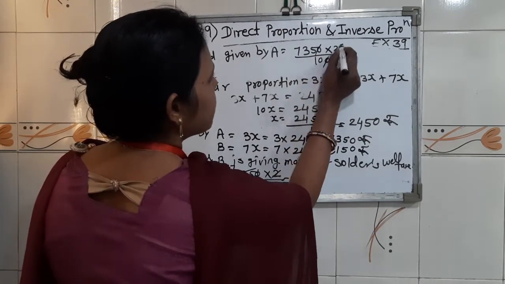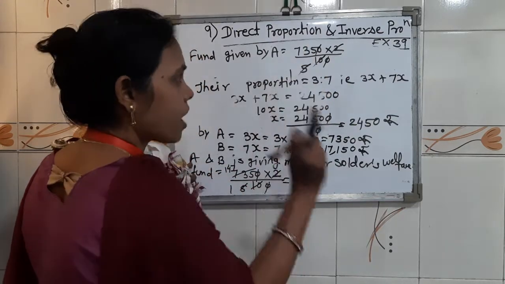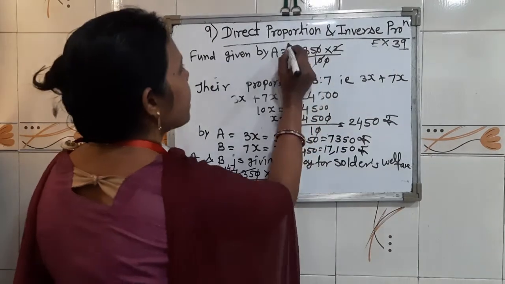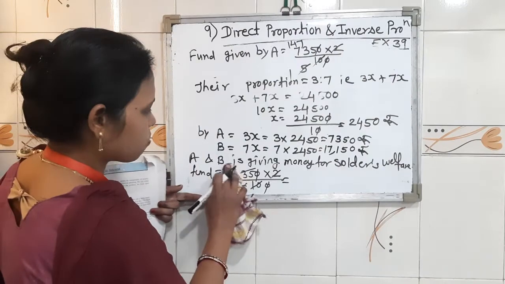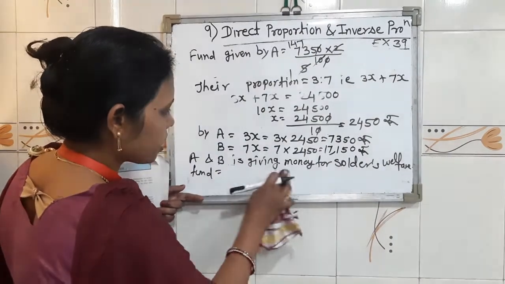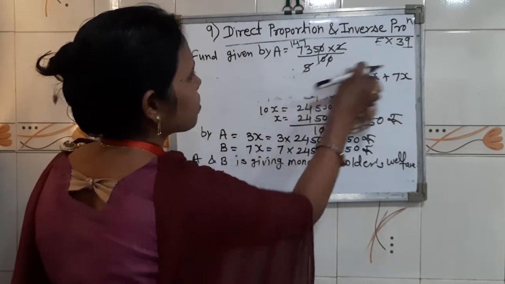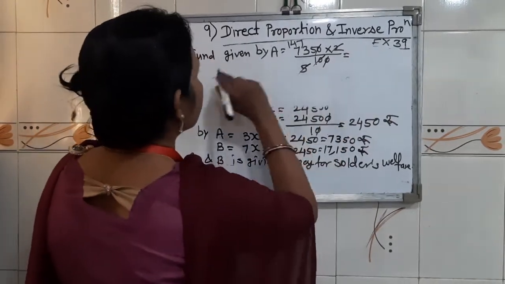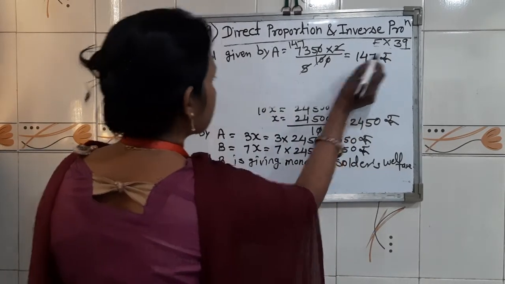Zeros cancelled, 2 ones are 2, 2 fives are 10, 5 ones are 5. When we divide 735 by 5, you will get 147. Same sum, this one place was not there, that's why I have done that sum again. So children, here fund given by A is 147 rupees.